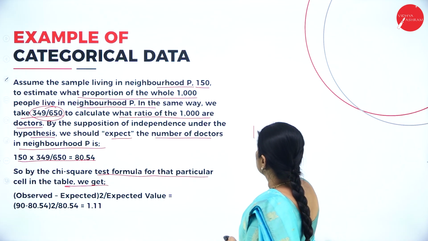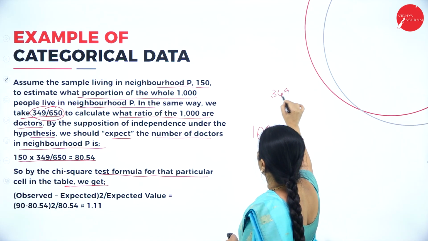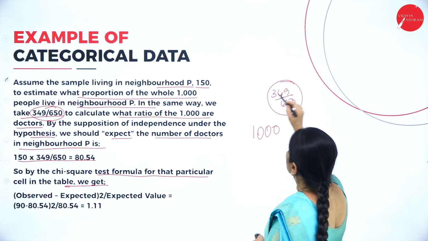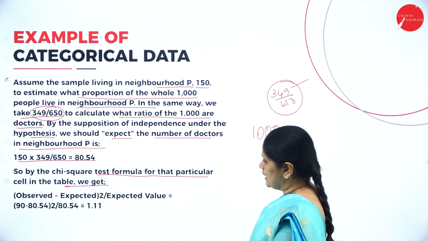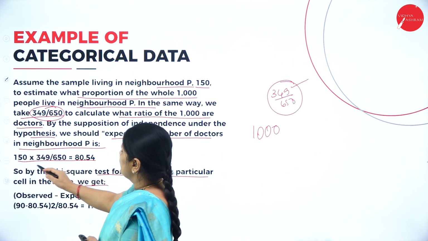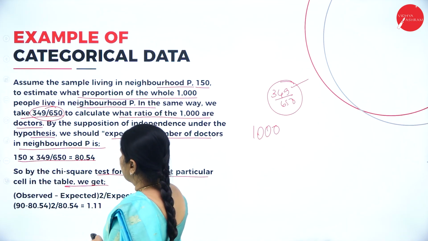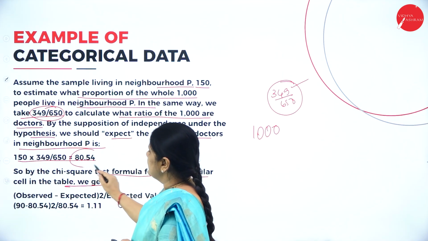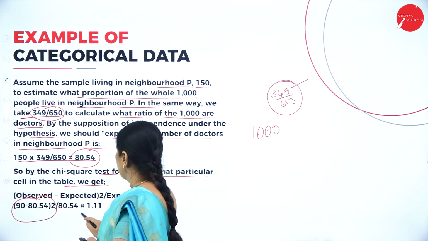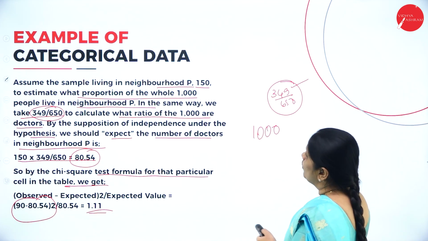So total number of professionals are 650. Out of that, 349 are doctors. So the expected frequency is 150 times 349 by 650, we get 80.54. We make use of this 80.54 here, and we find that the answer is 1.11.